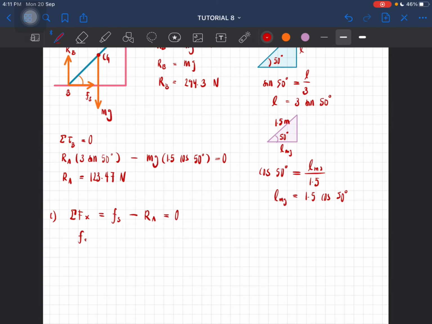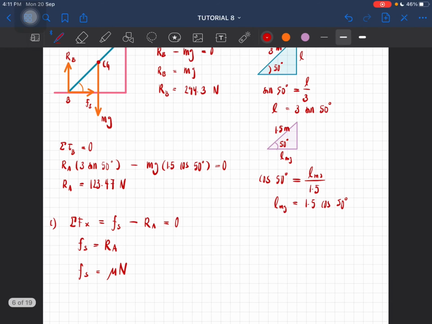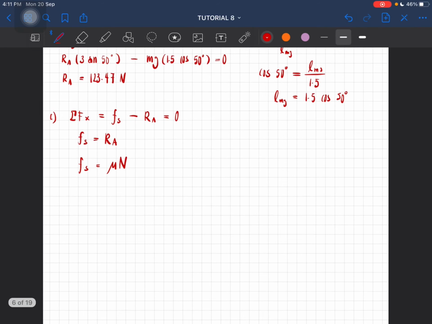So basically this frictional force is gonna be equal to the reaction force at point A. Okay, so we know that the friction force is equal to mu N. Basically, the value of normal force yang kita akan tengok is the normal force at point B. Okay, and N basically equal to reaction force at point B.